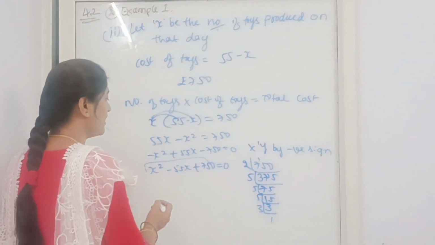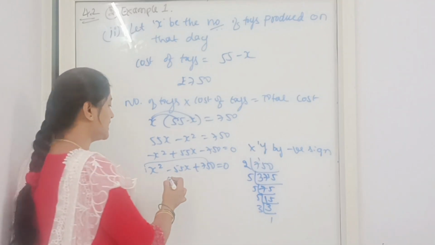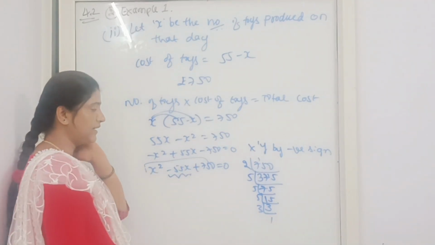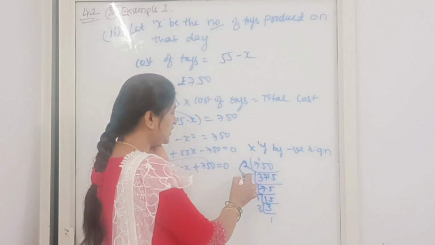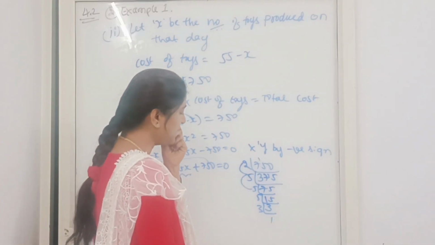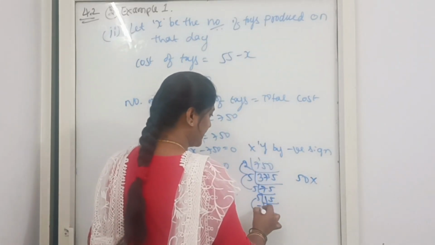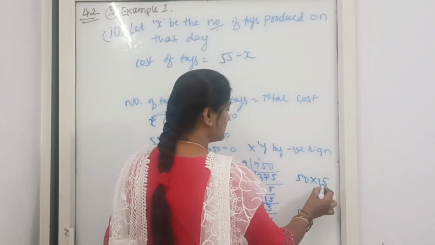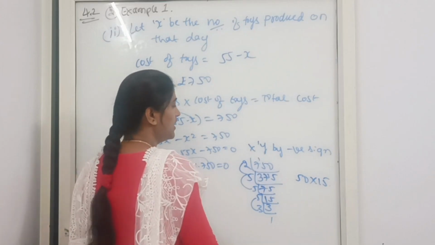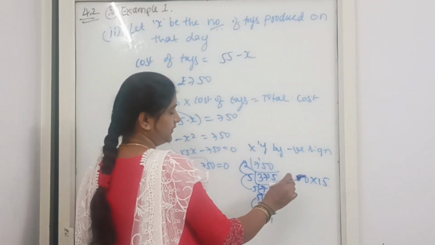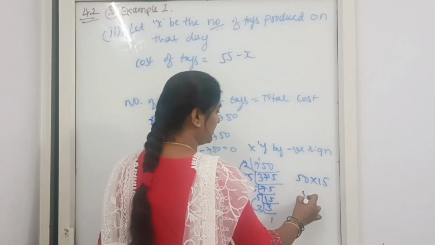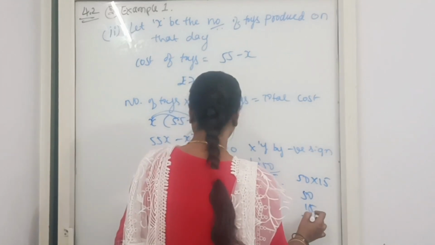Multiply the middle term, always concentrate about the middle term, that is minus 55. See here, 5 2s are 10, 10 5s are 50, 5 3s are 15. So 50 into 15, 750 will come, but by adding or subtracting you should get the middle term.